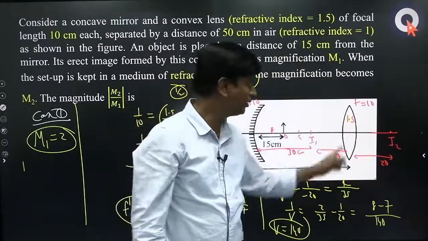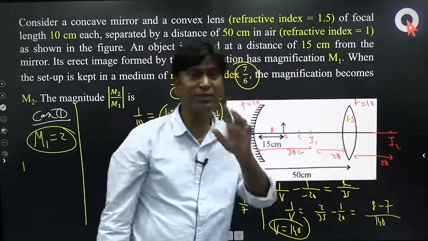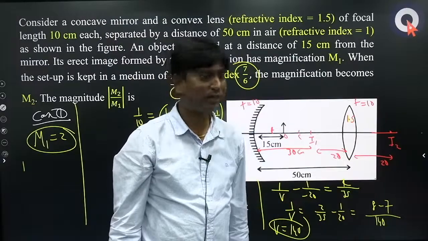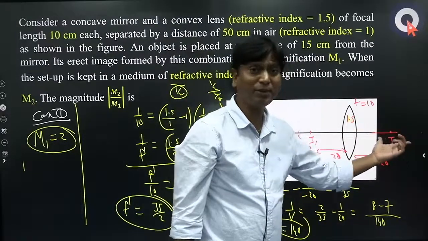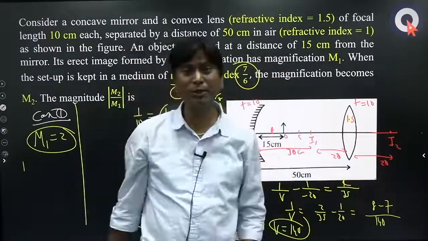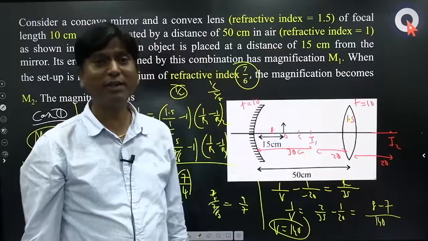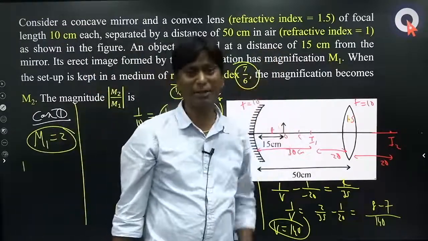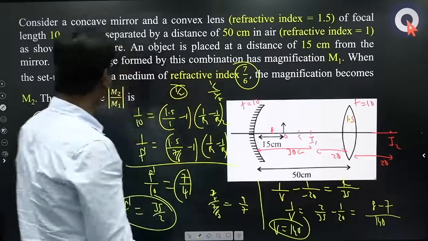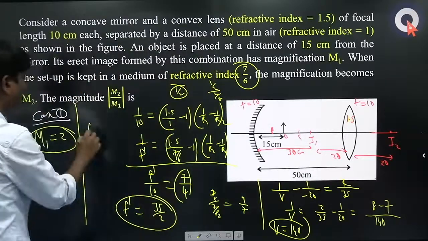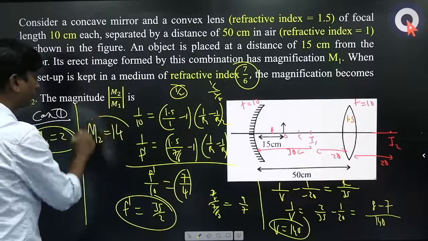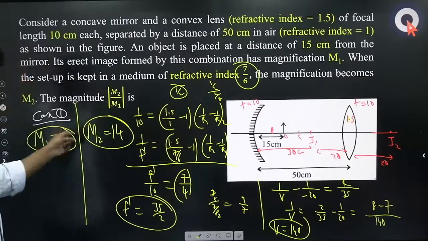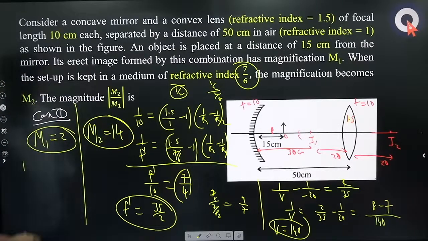So what is the magnification because of the lens? 140 by 20, which is 7, right? That is, the second time it has magnified by 7 times. First time already it has magnified by 2 times. So total how much has it magnified? 7 into 2, 14 times. That is why the value of M2 is 14. Now simply M2 by M1, 14 by 2, the answer is 7.